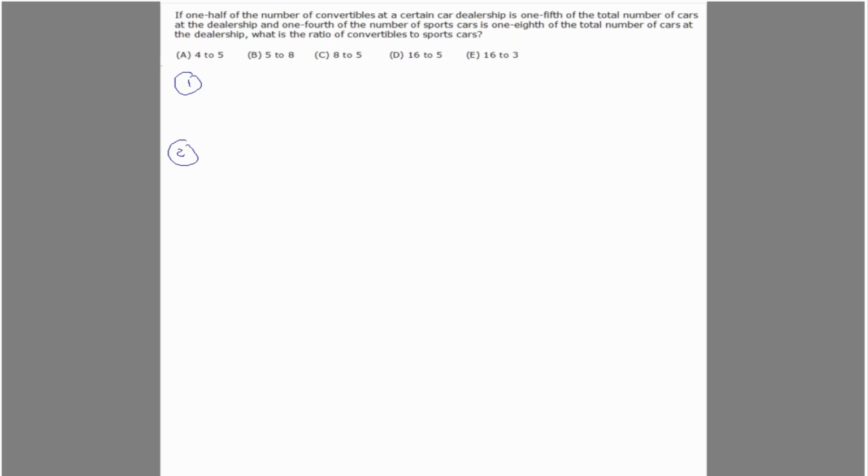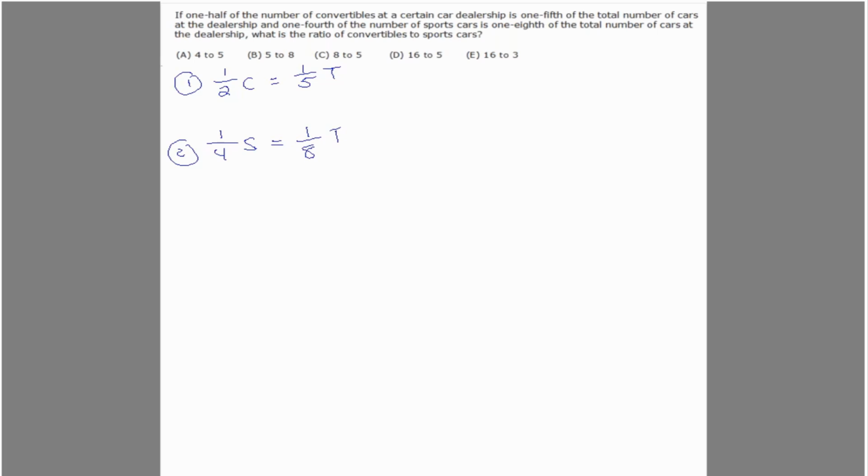The first thing that's said is that 1/2 of the convertibles are equal to 1/5 of the total. So we can say 1/2 C equals 1/5 total. And then it says, and 1/4 of the sports cars, which we'll call S, is equal to 1/8 of the total.